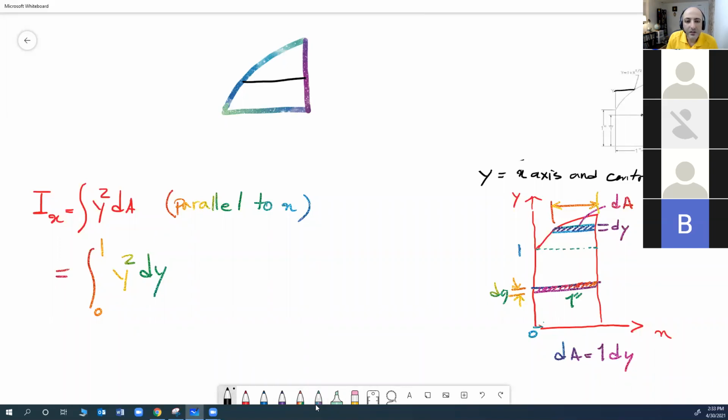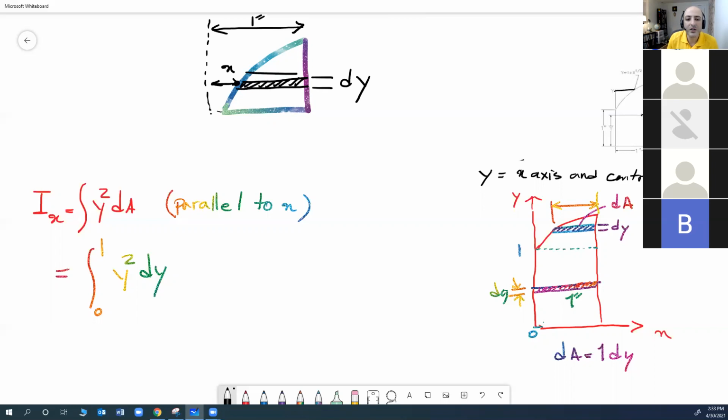This area here that I'm trying to find, dy, this length here is 1 inch. This point is x, if it's exactly at the point.